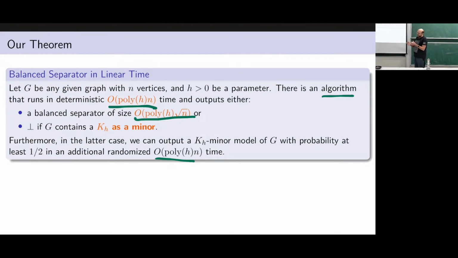We know that there is a K_h minor, but if you would like to get the minor model, you have to either run a randomized algorithm in poly(h) times n time, or you need to spend more time to extract the minor out of it. Or we don't know, right? Maybe you can do it as fast by some other algorithm, but the only thing we know is that we can do it in randomized time, or you can spend more time, and then it's easy to extract it.